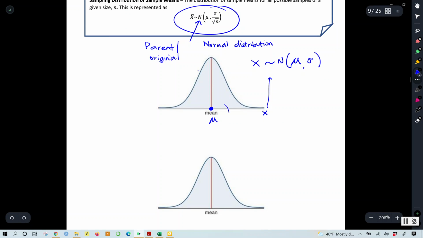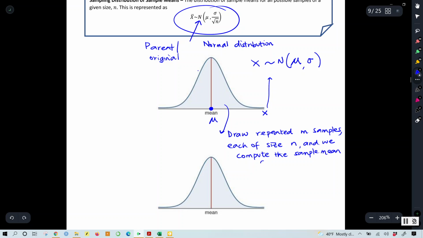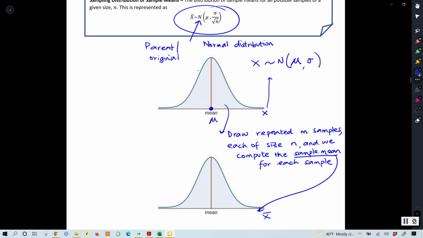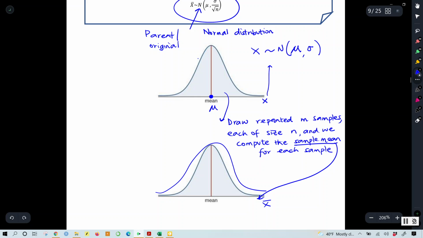If from this distribution we draw repeated samples, m samples, each of size n, and we compute the sample mean for each sample, it means the sample mean, which is x bar, will also have a normal distribution.